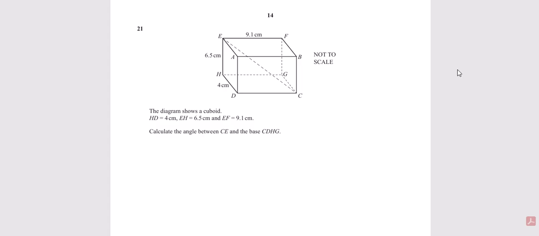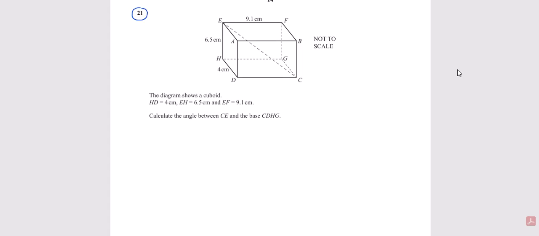Question number 21. The diagram shows a cuboid. HD is equal to 4 centimeter, EH is equal to 6.5 centimeter and EF is equal to 9.1 centimeter.